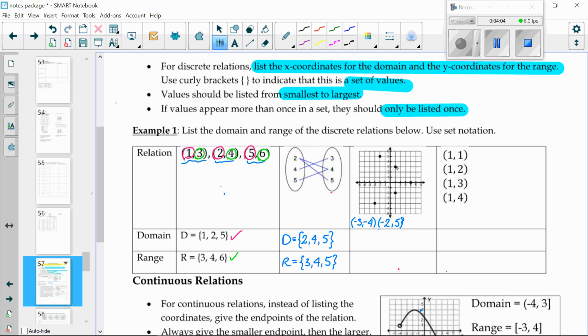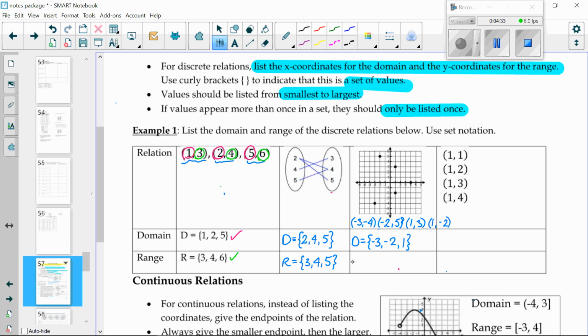And then I've got a point here at 1 and 3. And then I have another point at 1 and -2. So my domain, D, equals, I've got -3, -2, and then 1 appears twice in the domain. I only have to write that once.